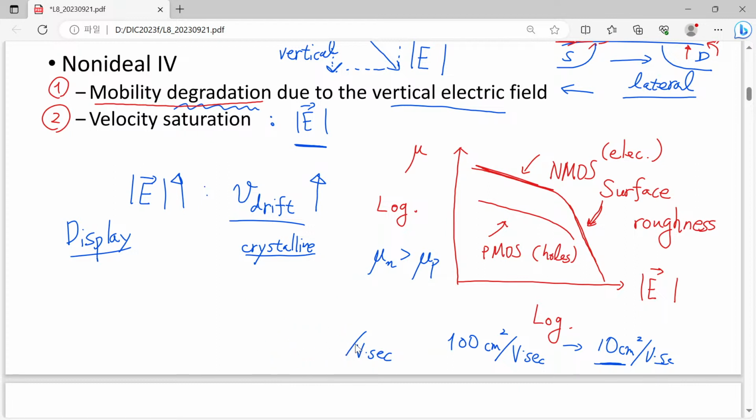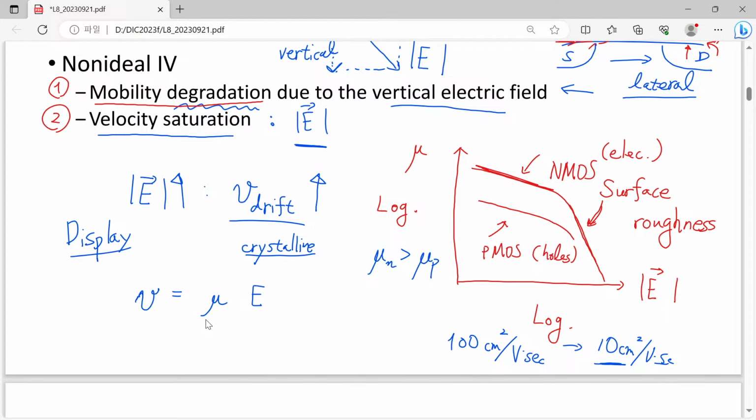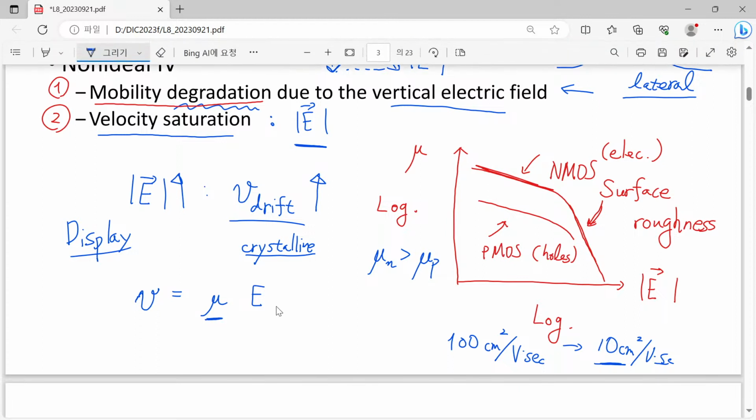But up to now, we have thought of the relation where drift velocity is just proportional to the electric field, but velocity saturation says it's not. If we have a sufficiently high electric field, then it just flattens.